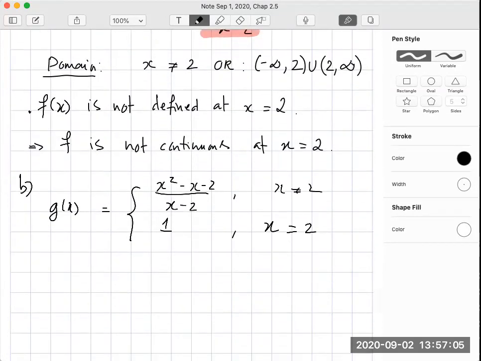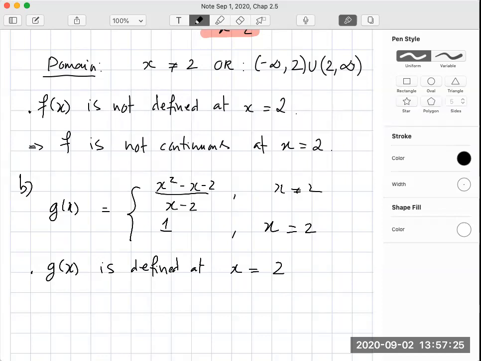We see that it is defined at 2, right? Here, right here. So g of x is defined at x is equal to 2. So the first condition is satisfied.